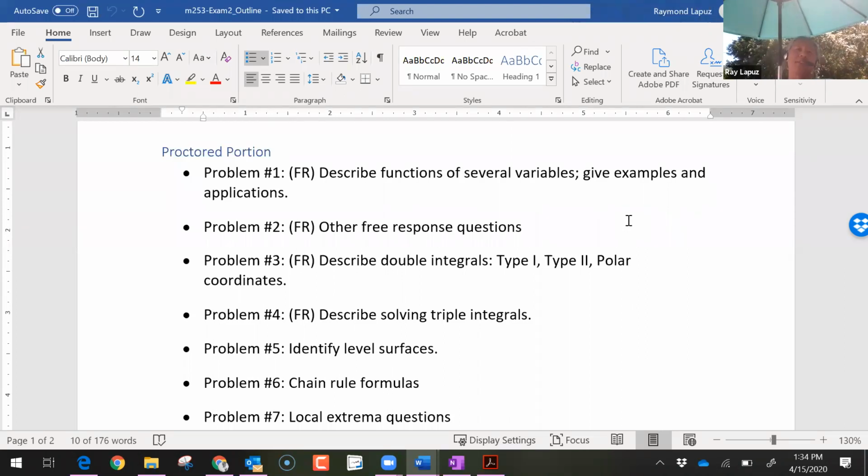For functions of 2 variables, I think it's a little bit easier to come up with an example. One example that we used quite a bit was the wind chill factor. It takes the speed of the wind and the temperature, so those are the 2 inputs, and then you get an output. For something in 3 variables, you kind of have to make it up.